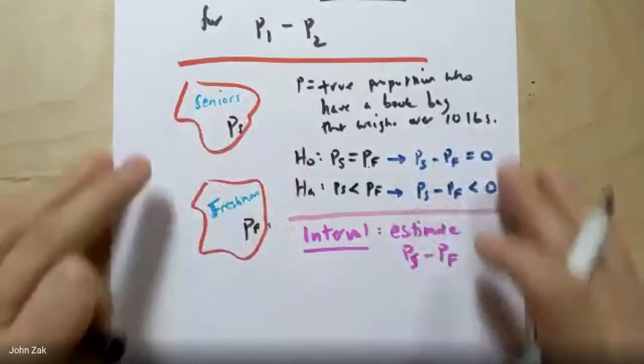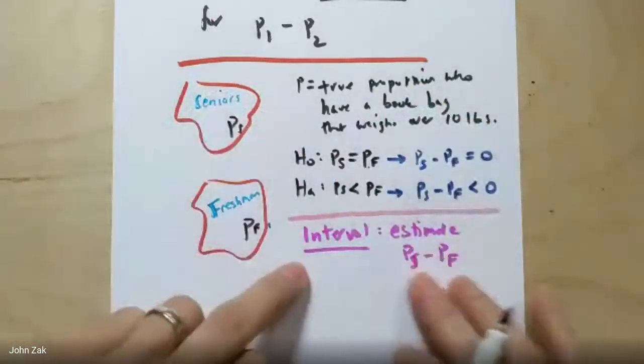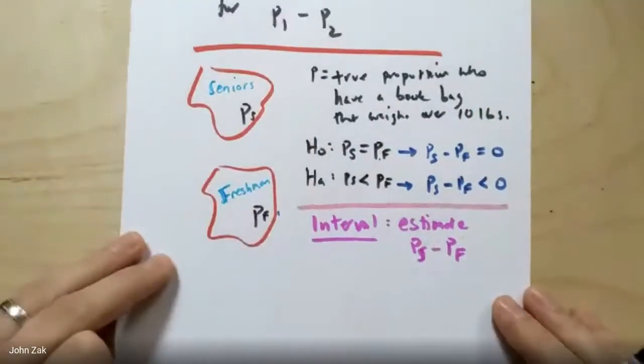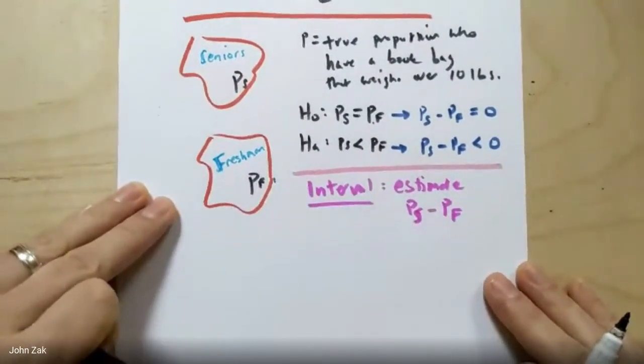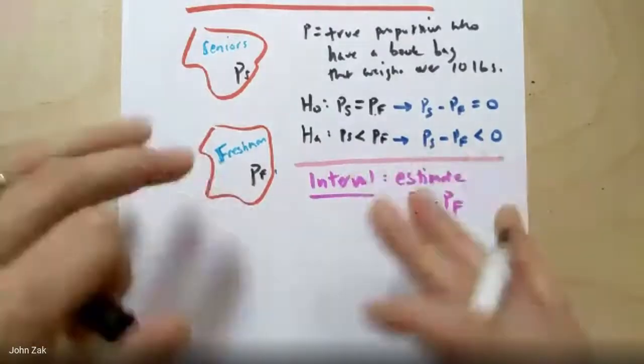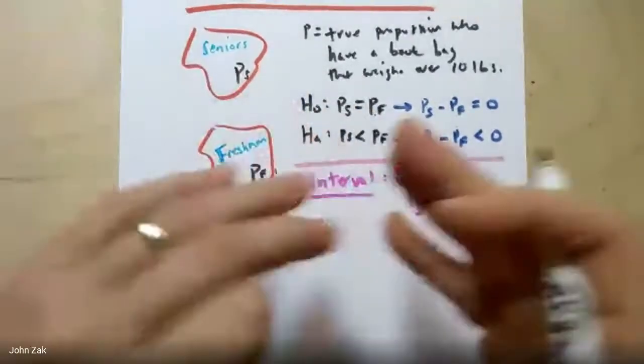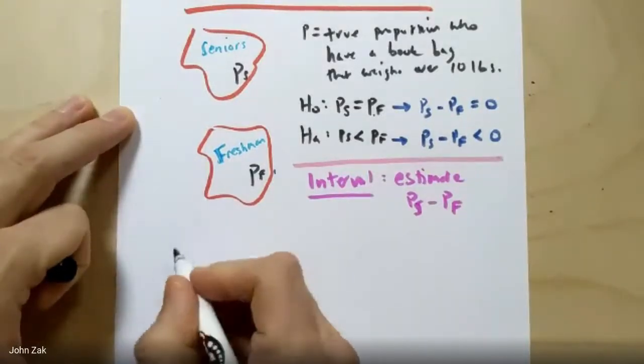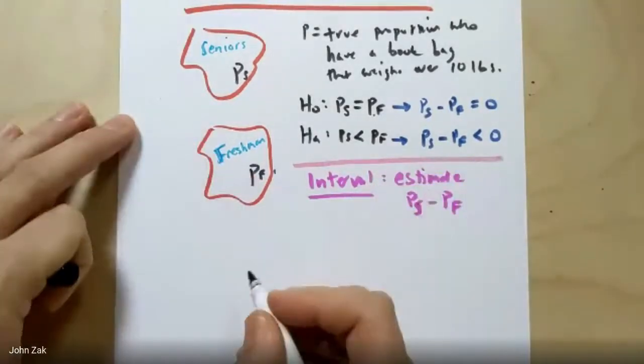But the fundamental thing here, so we'll either do a test or we'll do an interval. And when you watch the videos today, you'll learn to do the test and you'll also learn to do the interval. But the key mathematical difference, aside from the fact that in one of them we calculate a p-value and the other one we don't, is in terms of how we calculate and use a standard error, right?